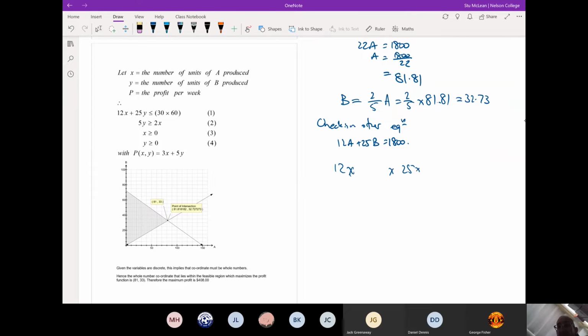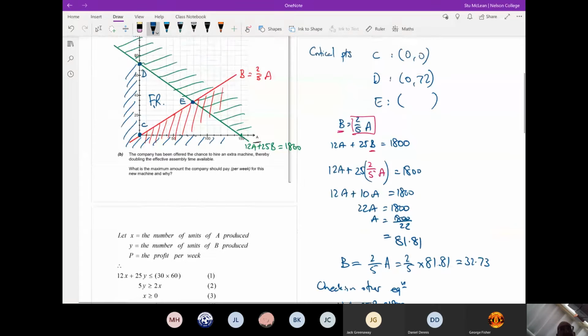I've put B there where I should have A, sorry. 12 times 81.81 plus 25 times 32.73, which is 1799.7. So that's the correct point.